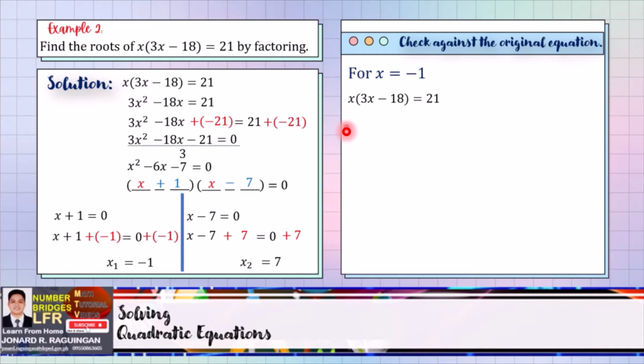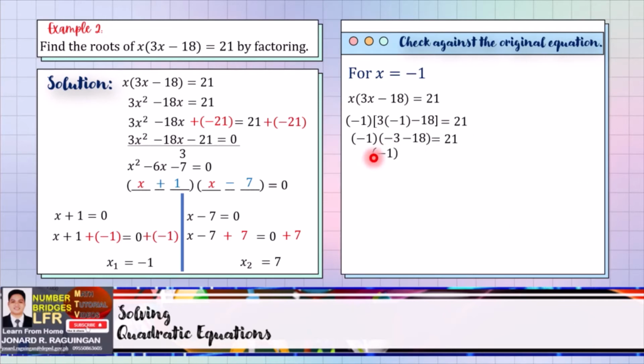Substitute the value of x, which is negative 1, times 3 times the value of x, negative 1, minus 18 is equal to 21. Then simplify. Copy negative 1, and 3 times negative 1 is negative 3, minus 18 is equal to 21. Then simplify.